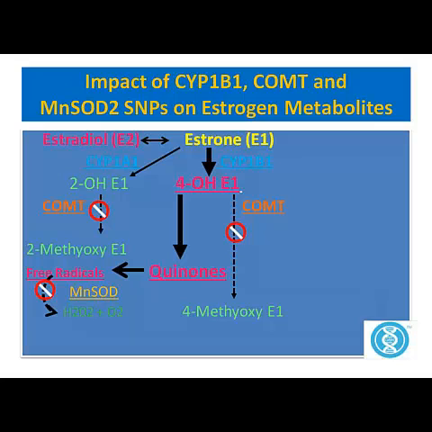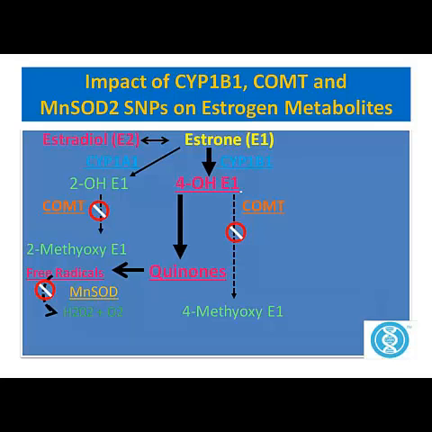On top of that, a SNP on MNSOD leads to lower levels of superoxide dismutase and less hydrogen peroxide, but more free radical production. This combination, CYP1B1, COMT, and MNSOD, is, if you will, a perfect storm. Too much 4-hydroxyestrone, too much 3,4-estrone quinones, and way too many free radicals, which DNA cannot recover, leading to a higher breast cancer risk.